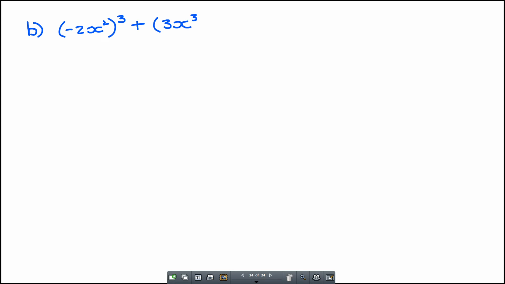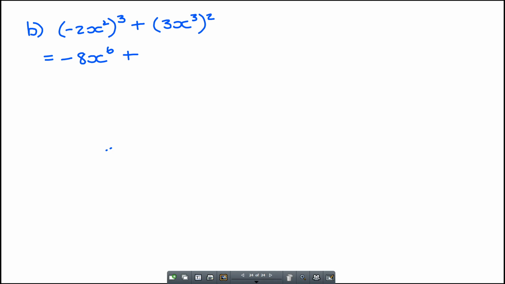So this last part tested you guys quite well. So that to the power 3 applies to everything inside the bracket. So the negative also 3 times. Negative times negative times negative will still give me a negative answer. 2 to the power 3 is 8. And then x to the power of 2 to the power of 3. We have done exponents. When it's a power to the power, we multiply. So x to the power of 6.